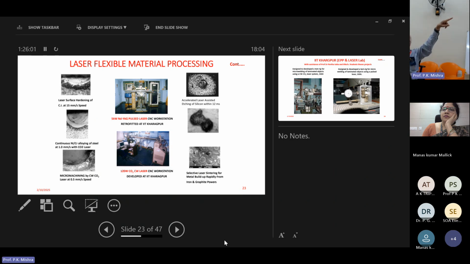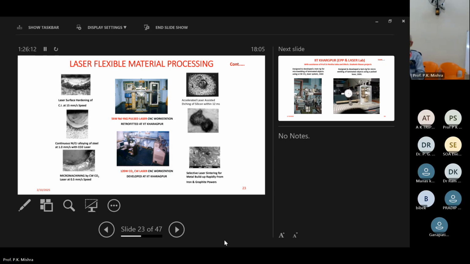Then we deposit an alloy, you harden it and you can see a layer coming. The other one is a micro groove which is formed which can carry the lubricants. So this was the PhD work of our Partha.